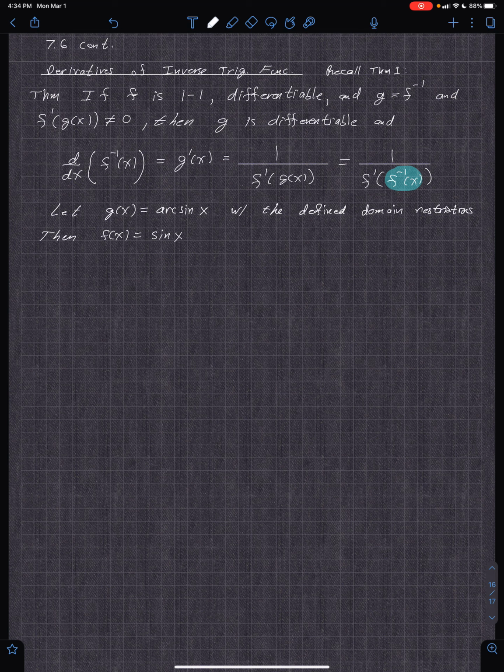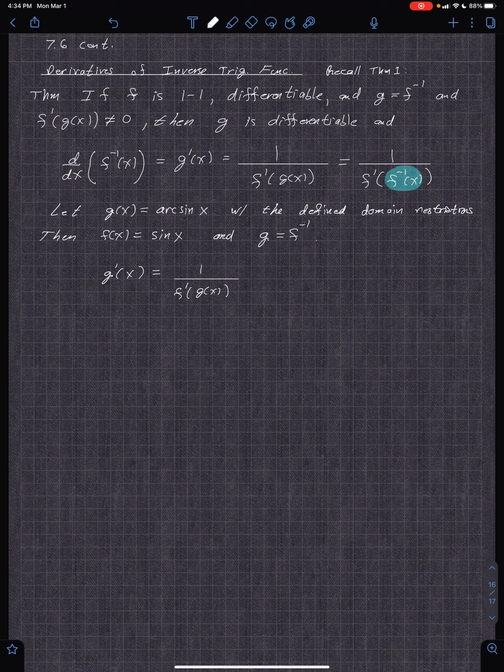And by the theorem above, g equals f inverse. So we have that g prime, directly from the theorem, is equal to 1 over f prime of g of x.